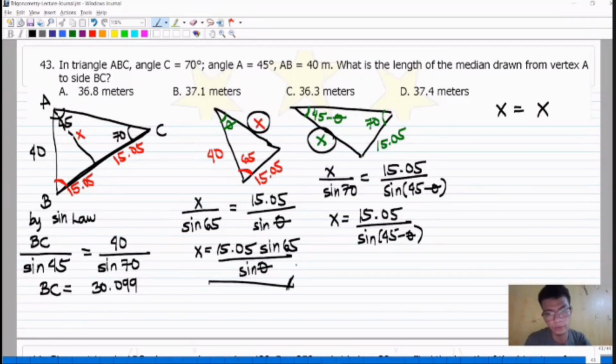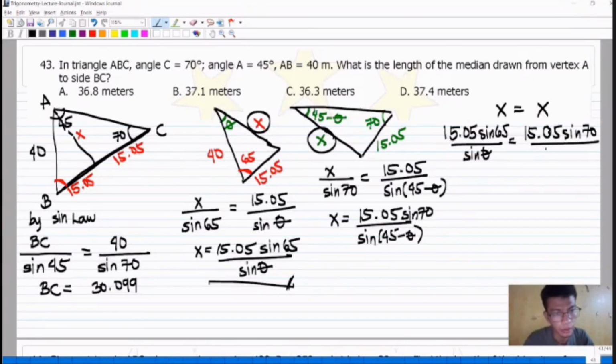So, 15.05 sine 65 over sine theta is equal to 15.05 sine 70 over sine 45 minus theta.